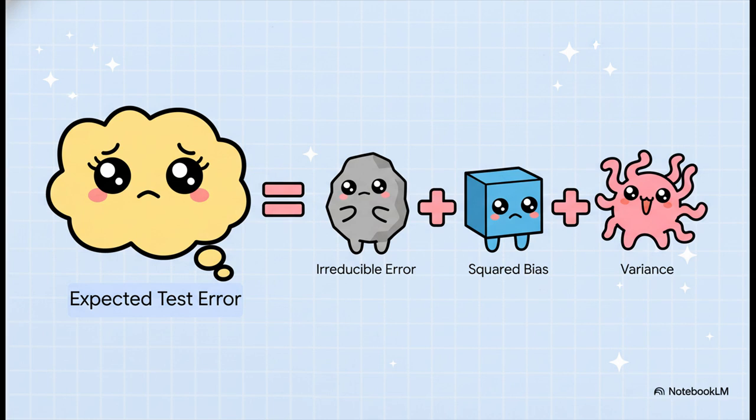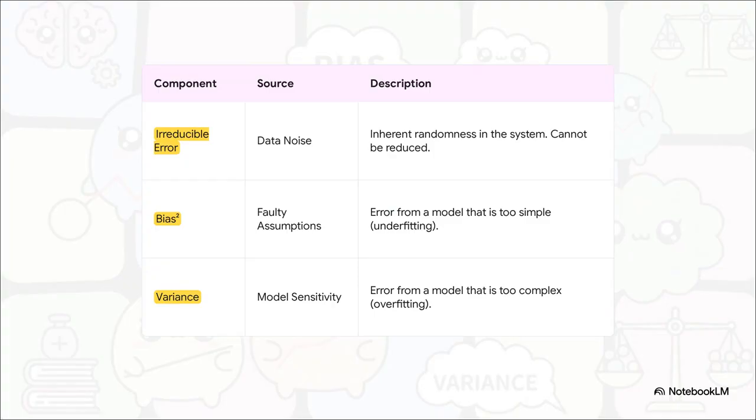The total expected error neatly decomposes into exactly three components, something called irreducible error, the squared bias, and the variance. This table kind of gives us the whole map. We've got error that comes from just pure random noise. We've got error because our model is too simple. And we have error because our model is way too complicated. Getting a good feel for these three sources, that's the real secret to building great models.